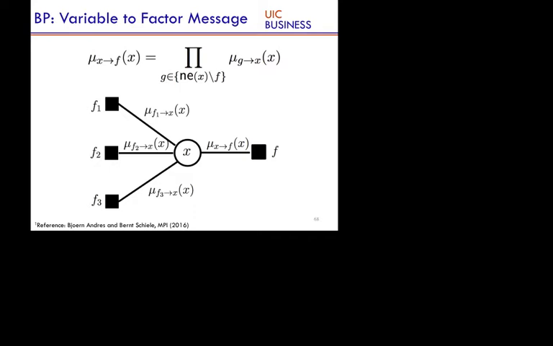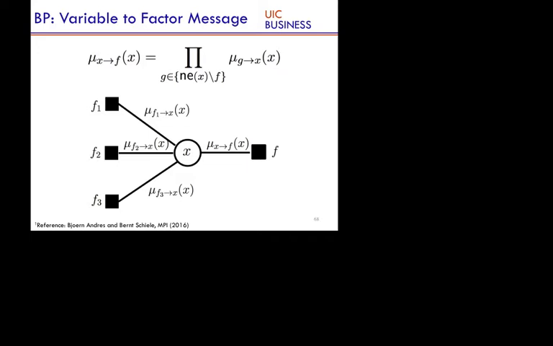This variable is just going to take the product of all the messages that it receives. It could receive a message from this factor as well, due to symmetry, but to generate a message from this variable node to this factor node, I'm just going to take a product of all the messages from all the other factor nodes that I am connected to. That's all.